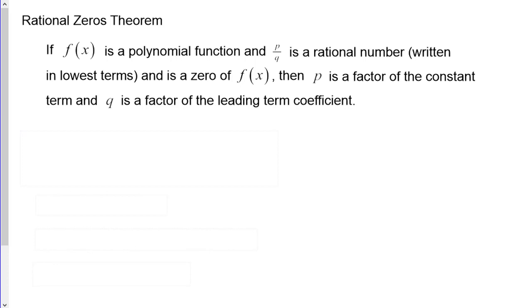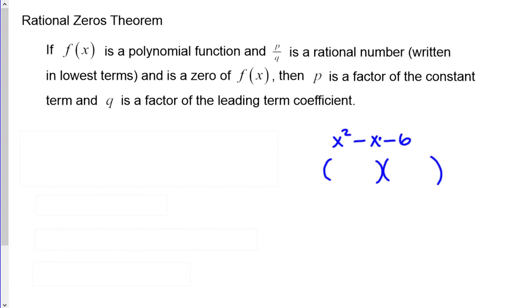This is essentially a generalization, for any degree polynomial, of the factoring process that we do if you're trying to factor, say, x squared minus x minus 6. You're looking for two numbers that multiply to the constant term and add up to the middle term.